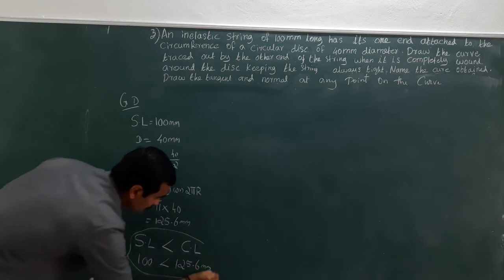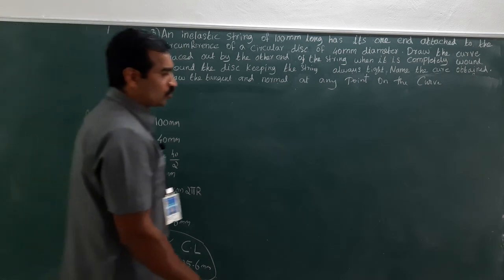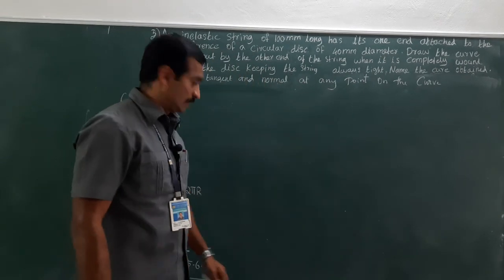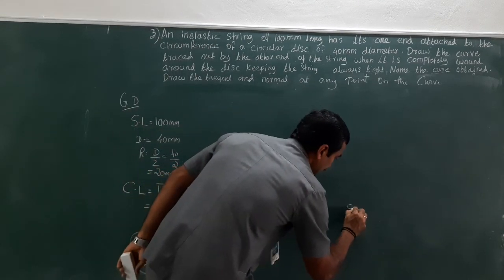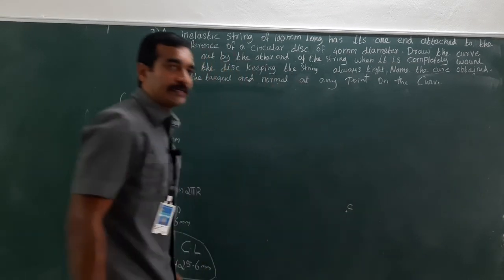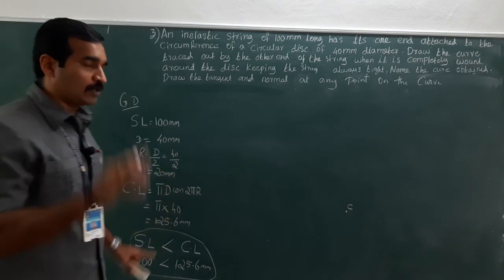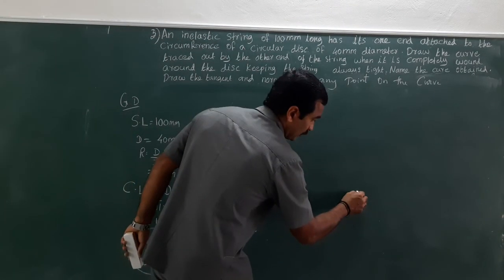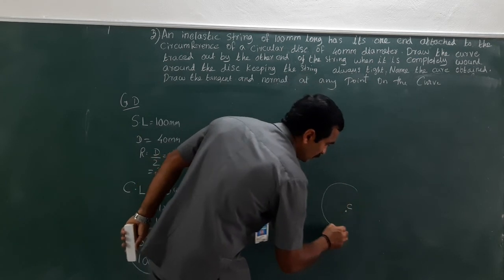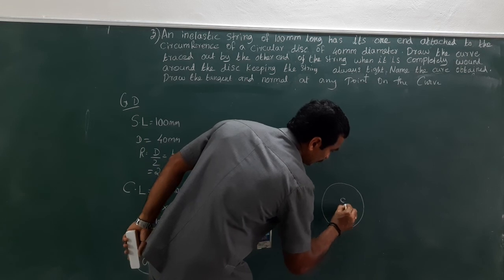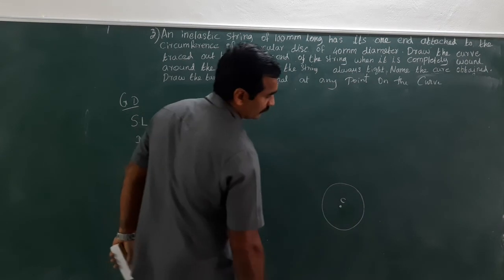So look at this. Choose a point that is the center of the circle, denoted as C. Now take 20 mm in your compass and go for a full circle. This is the center, C. Right.